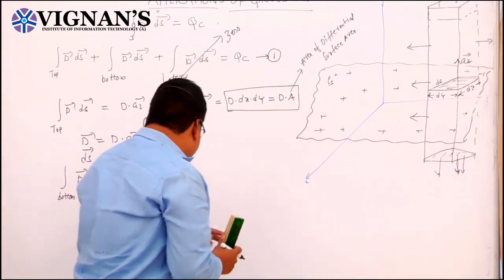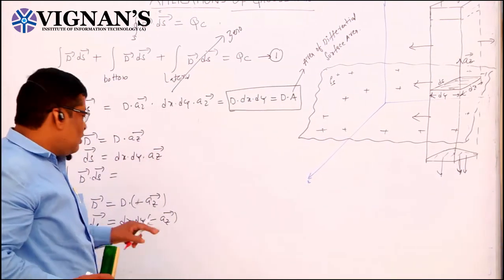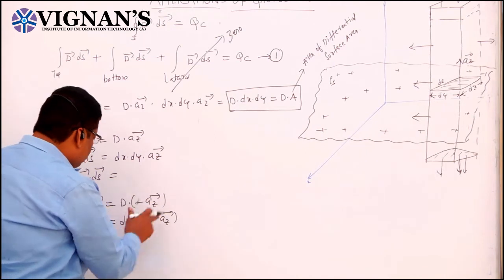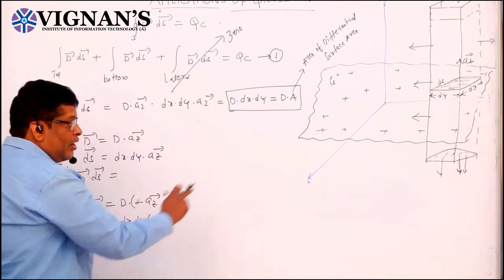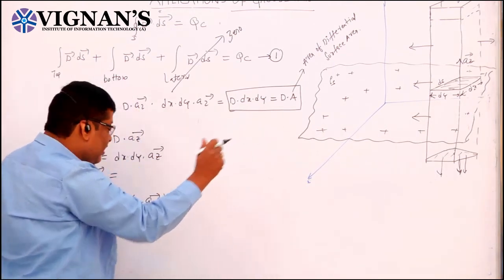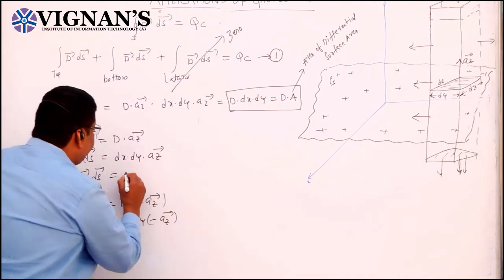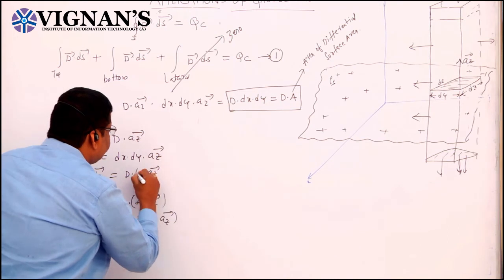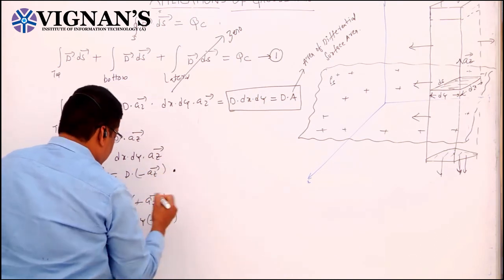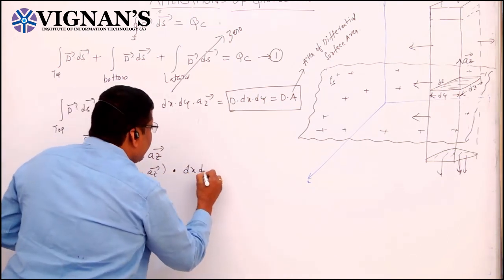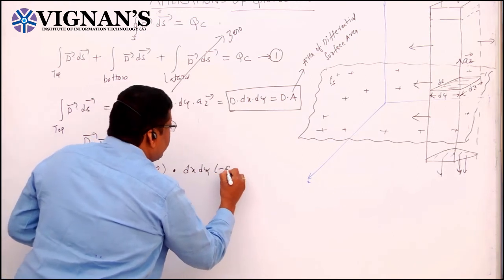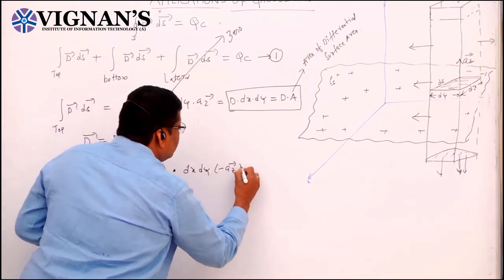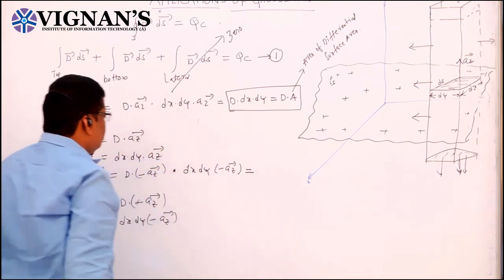Now substitute these two values at the bottom surface: D into minus az bar dot dx dy minus az bar.